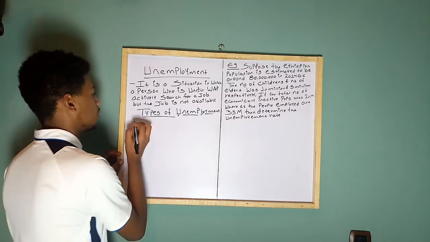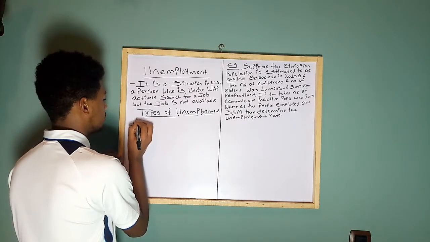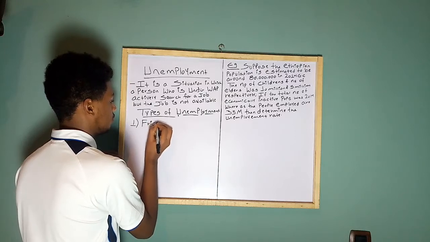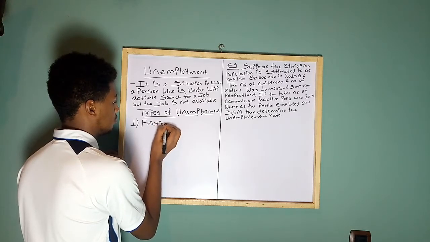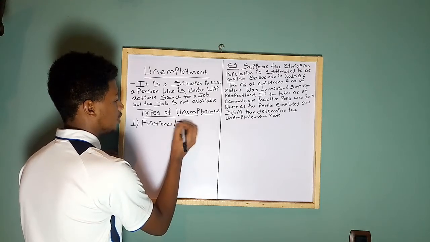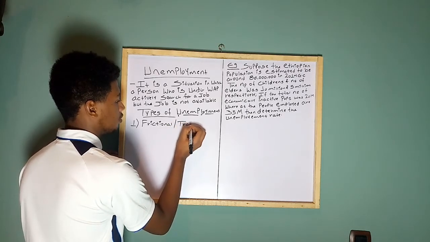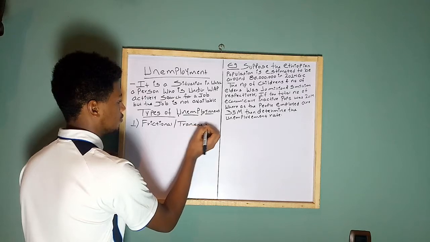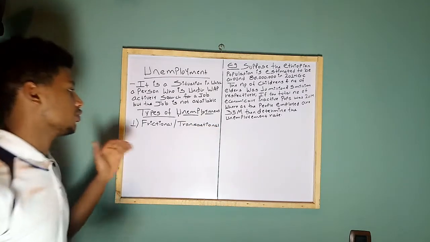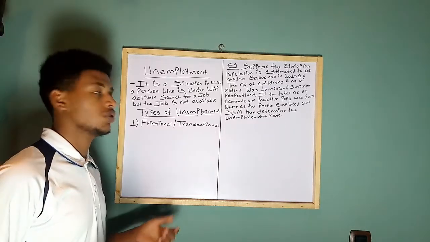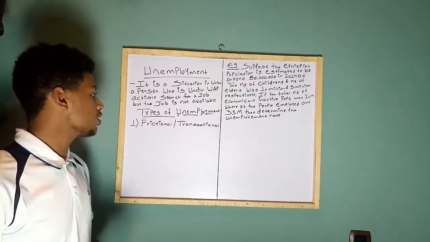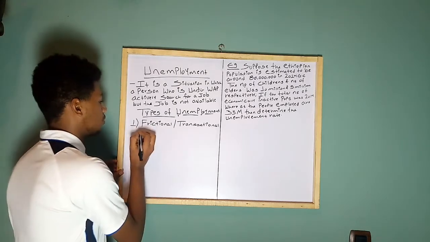The first type of unemployment is frictional or transactional, and this type of unemployment is related to the changing of jobs.